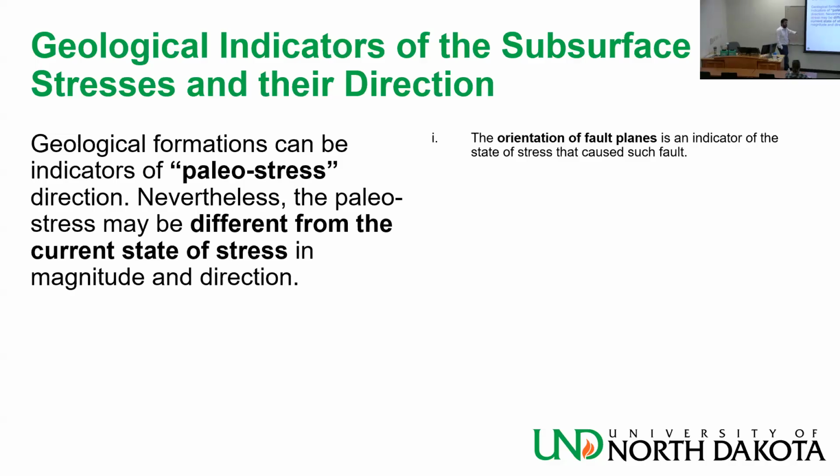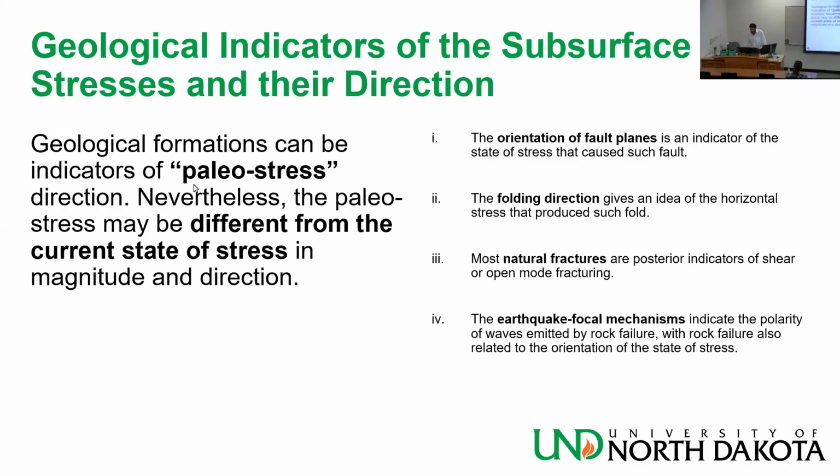By looking at the direction of faults, anticlines, orientation, faulting, natural fractures, focal mechanisms, etcetera, we can tell what the stress was in the past. We can say a lot about the past.